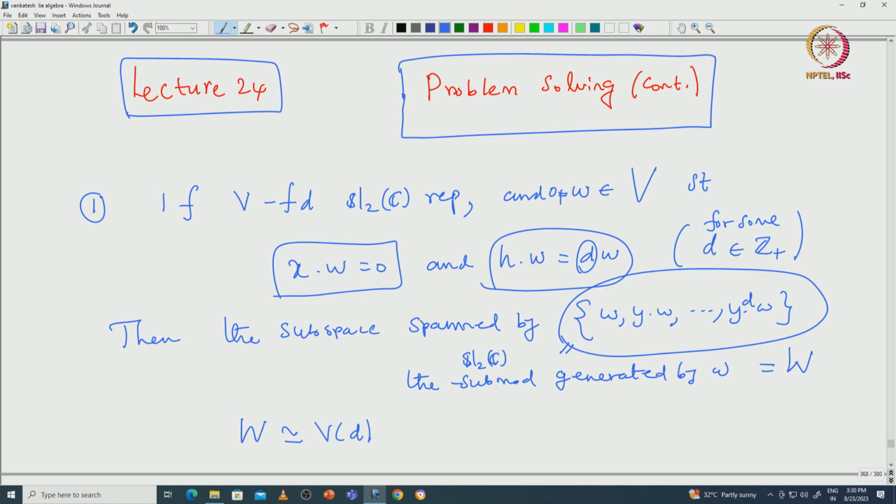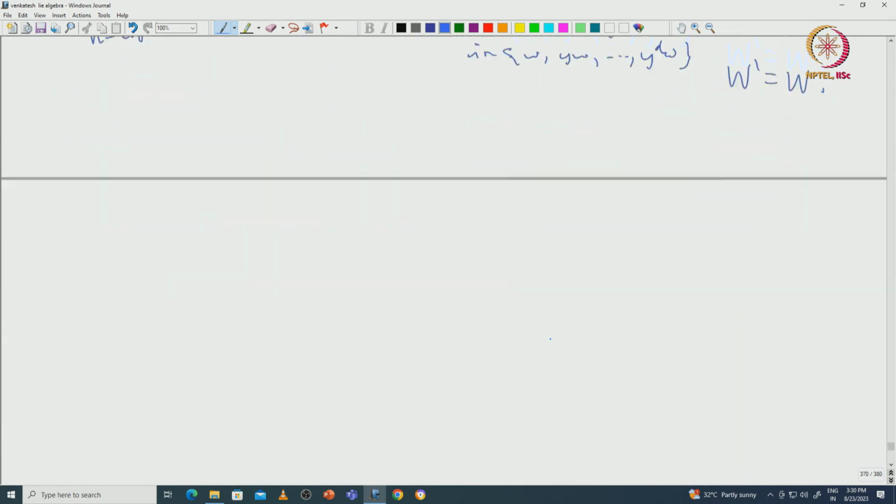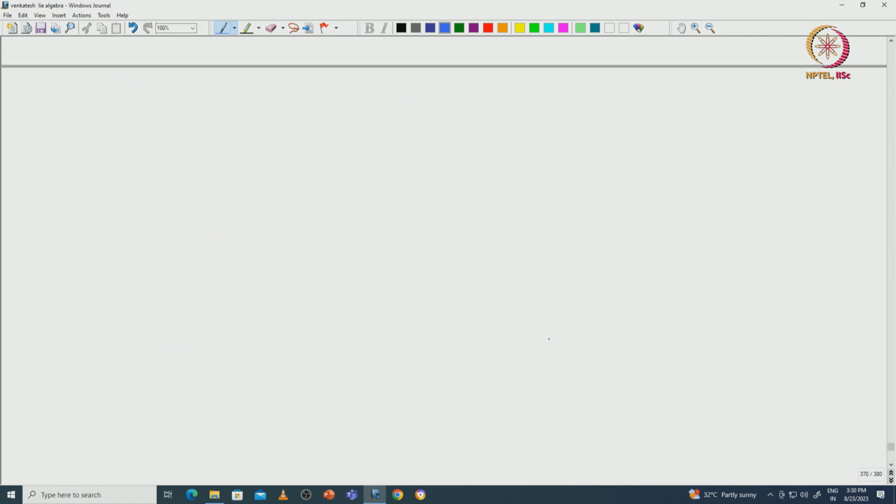So, this is a very important observation. It will be used throughout in the structure theory of semi-simple Lie algebras, so one should get comfortable with this observation.